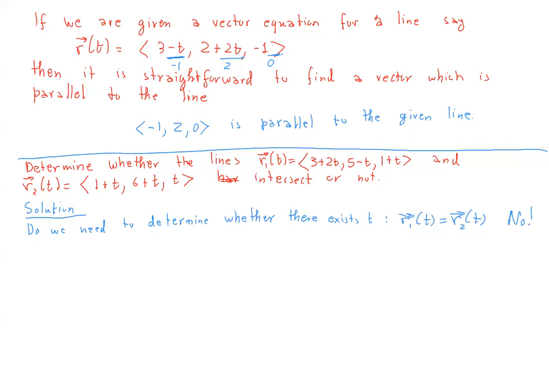Okay, so if you ask whether you can find t for which the two equations produce the same point, that would be the same as asking whether those two motions are going to collide. So the one is one motion, the other is another motion. The question is, are they going to collide?